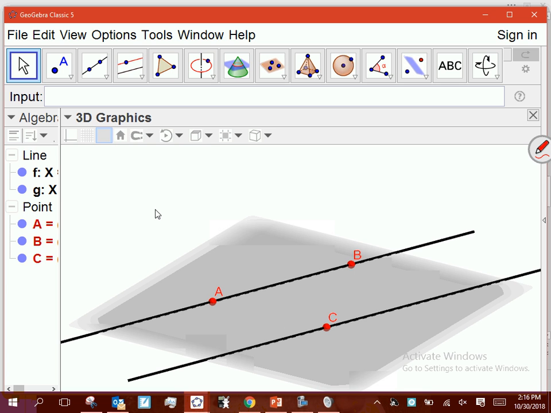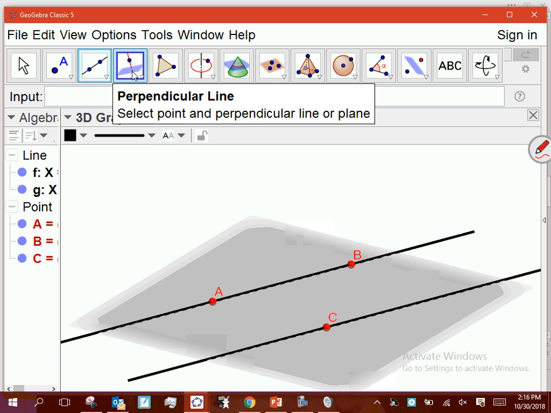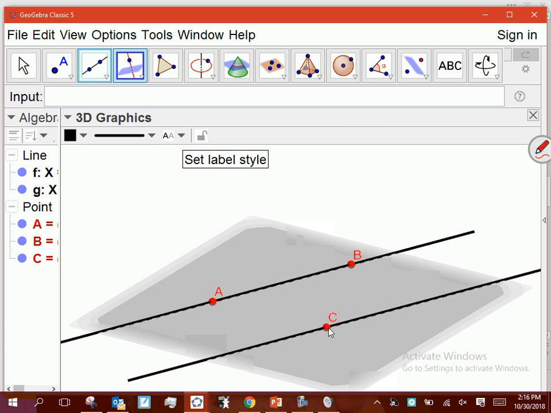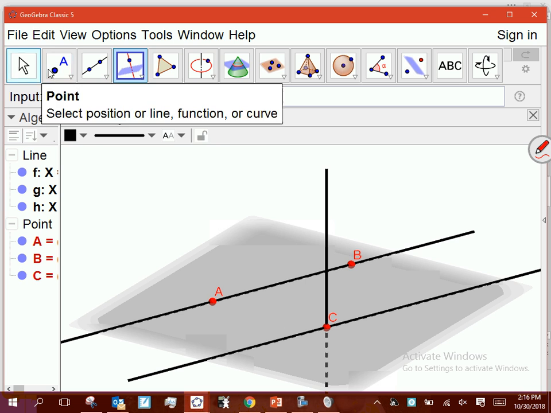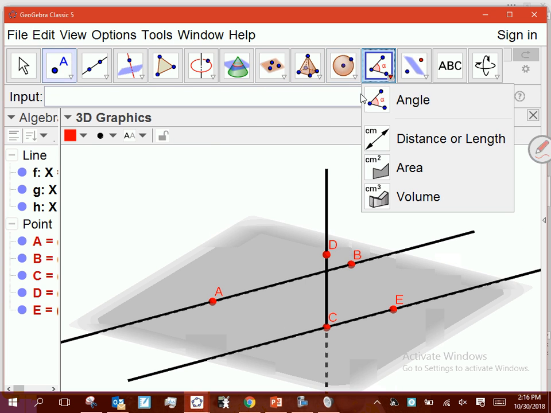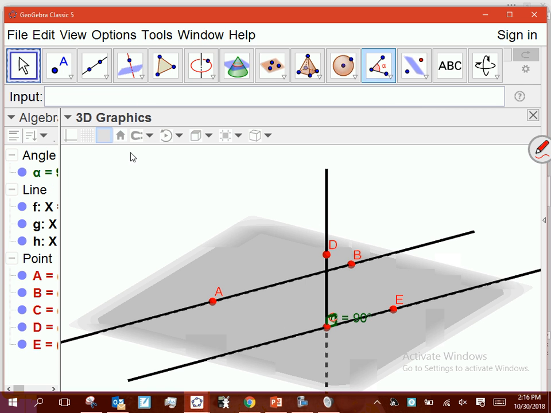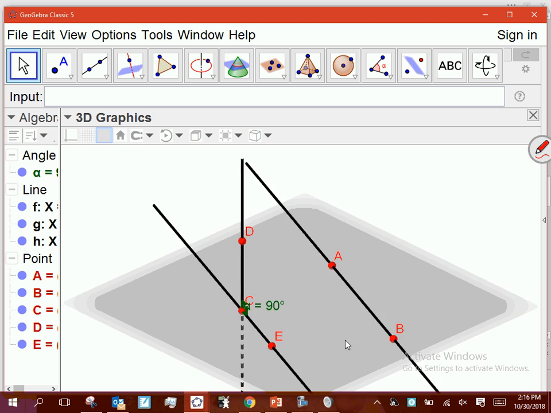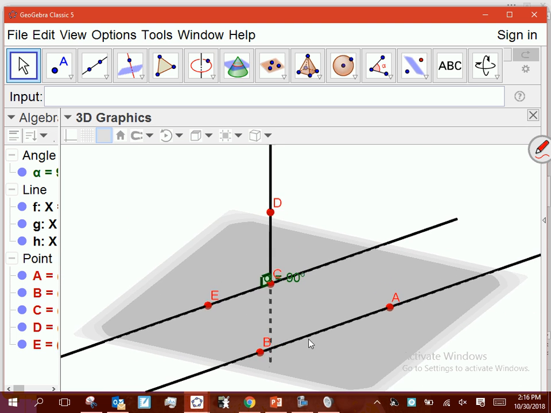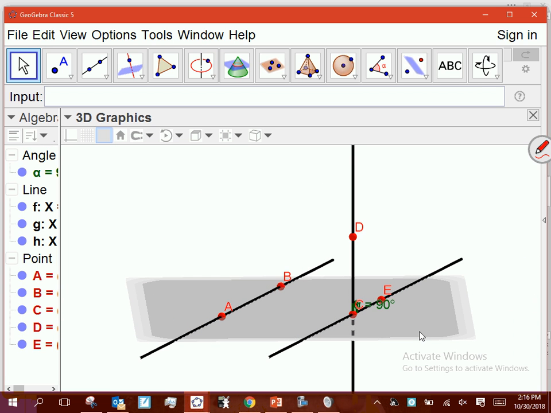Because I could do something like this. Would you guys agree that that vertical line is perpendicular to one of those parallel lines? But is it perpendicular to both? No. It's because not all three of those lines can be placed inside the same plane.